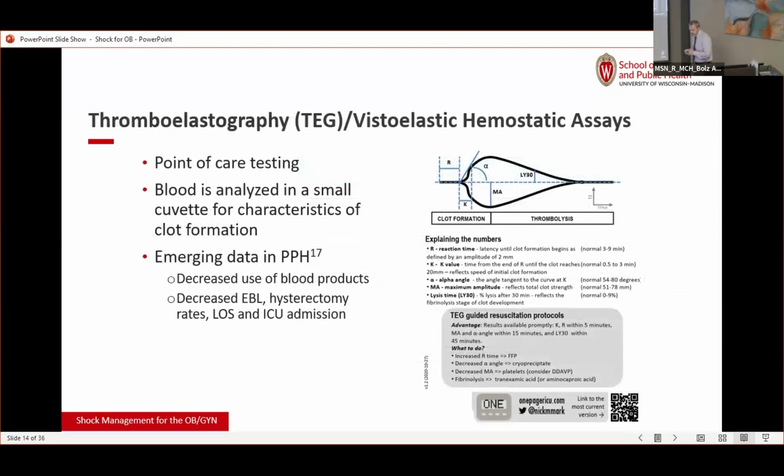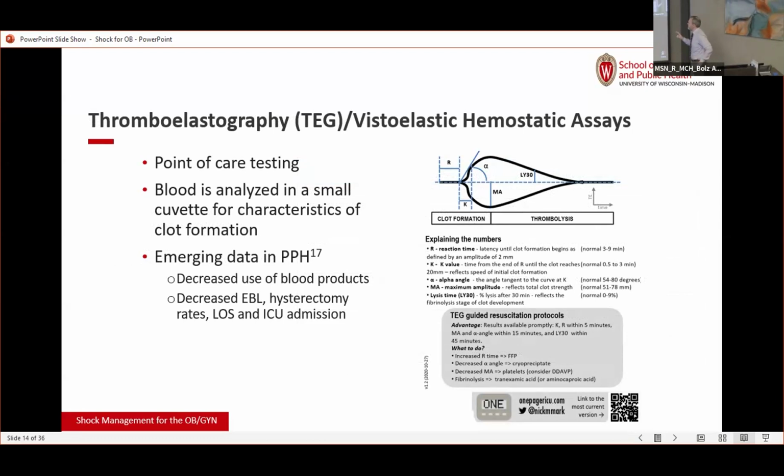Something else that's coming down the pipe that I think y'all will see more in the future is something called the TEG. Maybe you guys have heard of this before, thromboelastography. These are point of care testing. They take some blood, they throw it through this analyzer, then it comes out with this arrowhead looking thing here, okay? And there's really two things you gotta remember about this arrowhead.